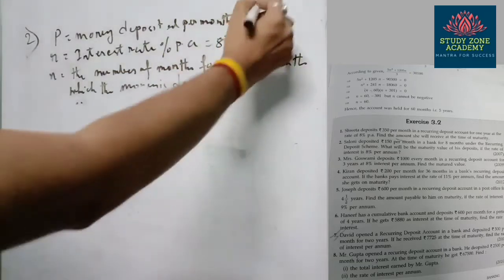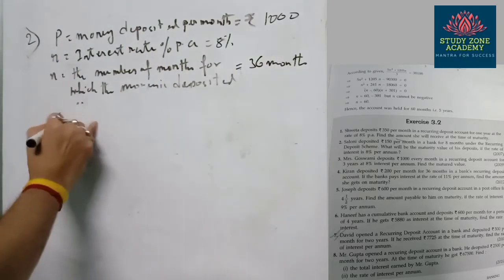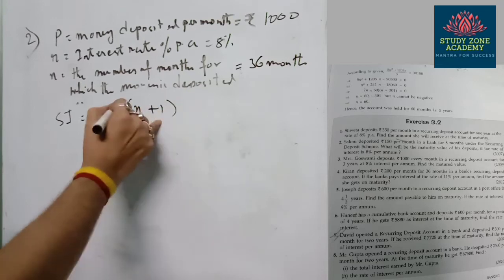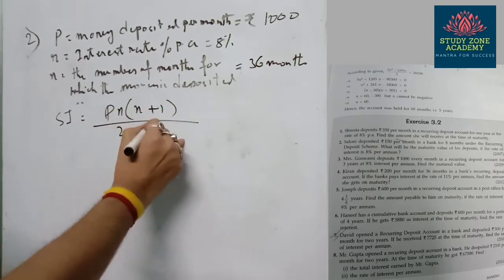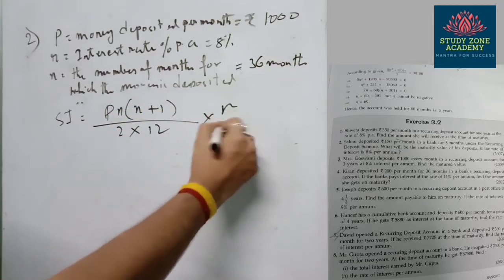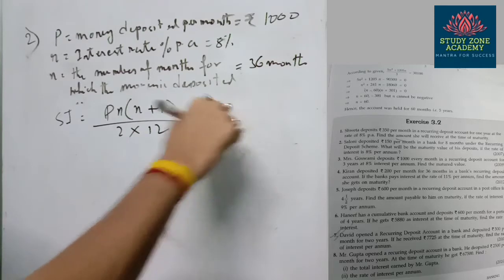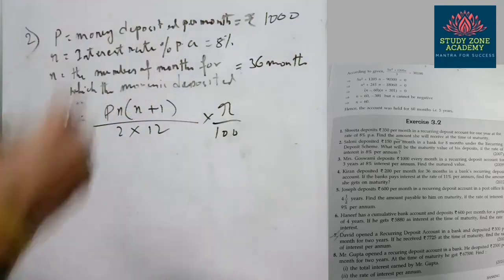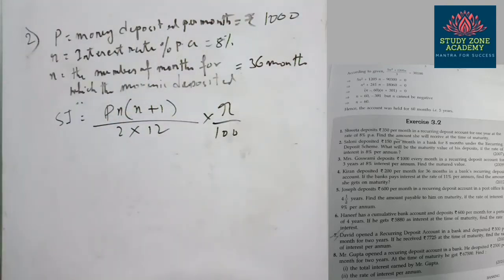Principal in this case is 1000. Same thing, that same formula. No, I haven't forgotten. Putting n. Clear? Let me write it up properly. Now substitute the values and do the same process. Okay.